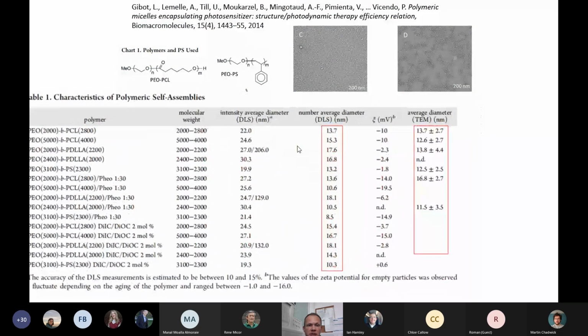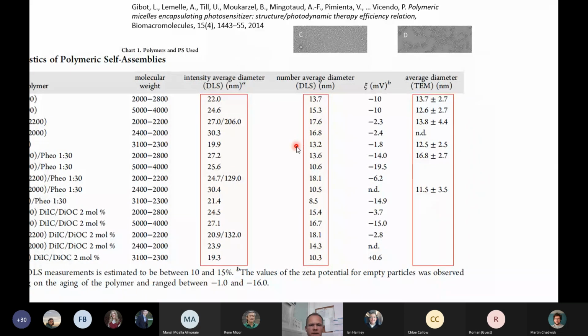That was nicely demonstrated by a group of French scientists. They measured nanoparticles formed from polymers, measured the intensity average diameter for a variety of nanoparticles, and then converted it to number average diameter. They also compared it with the average diameter from transmission electron microscopy. You can see here that the intensity average diameter is much higher than the number average, and higher than the diameter from transmission electron microscopy.